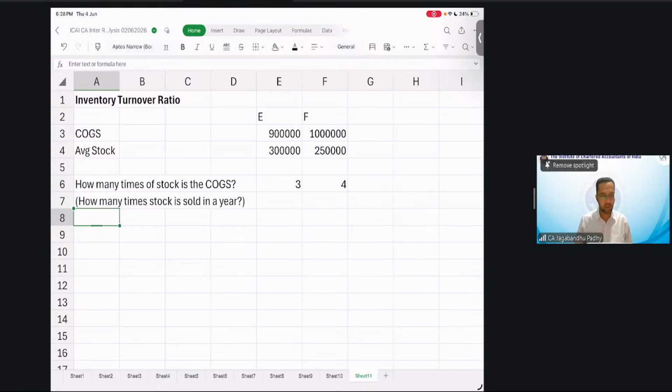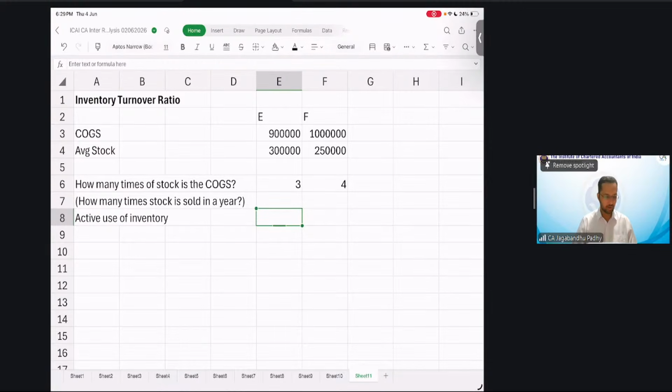So if I ask you which company is more active when it comes to utilization of inventory, active use of inventory is being performed by which company? Which company is having a higher level of activity when it comes to use of inventory?